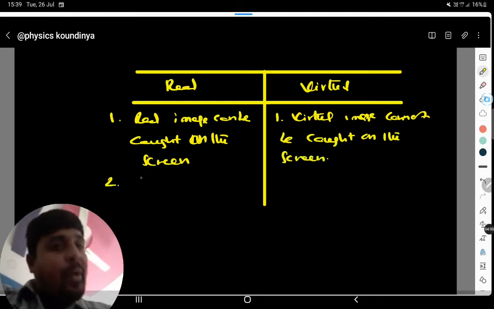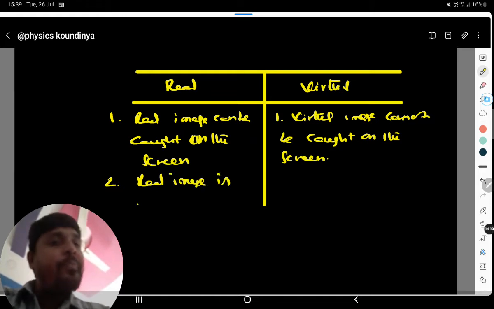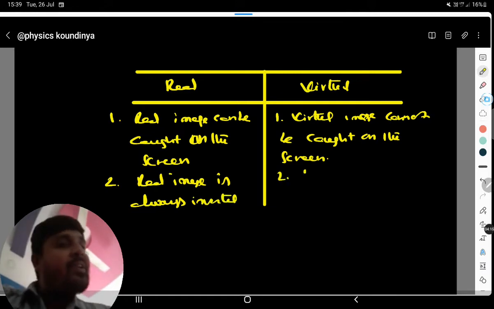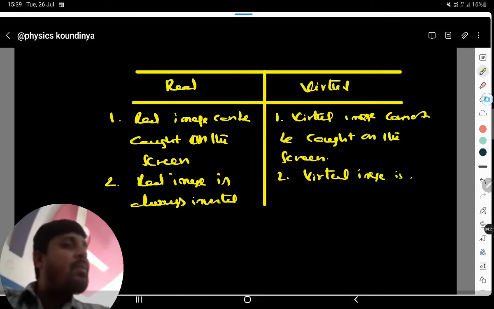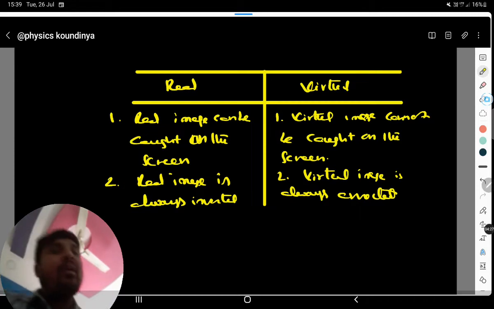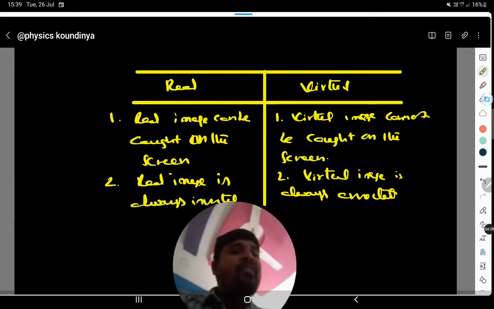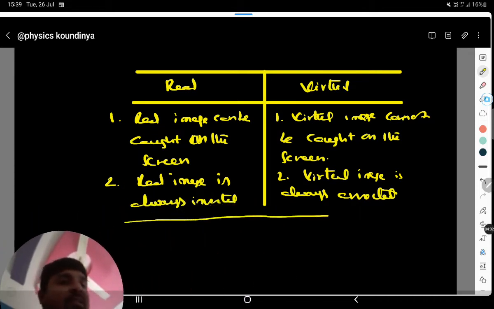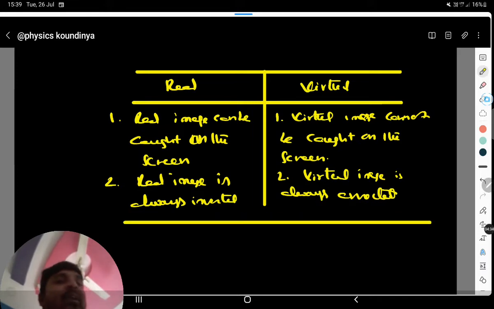And the second point: a real image is always inverted, whereas a virtual image is always erected. These are the important differences between real and virtual images.